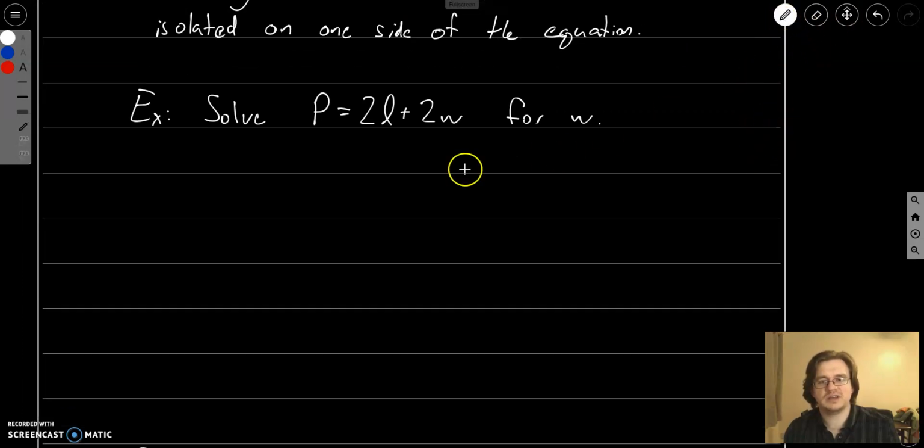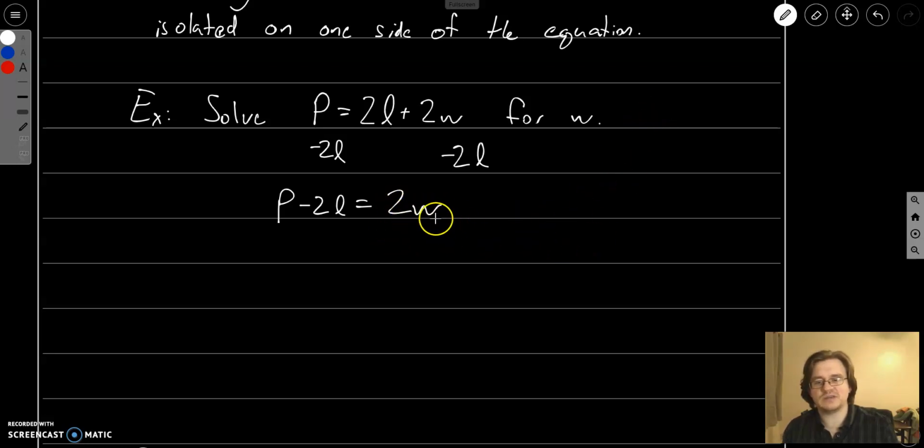So for the moment, W's on this side, there's an L on that side as well. So I don't want that over there. So I'm going to subtract 2L from both sides of the equation so that I have P minus 2L. The 2L and 2L will cancel out. I'll just be left with 2W.